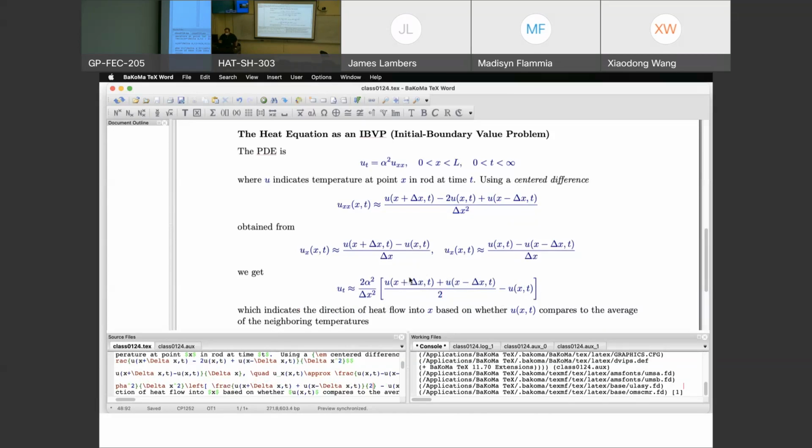So suppose that in this case this average is greater, so concave up, this whole expression is positive. That means that the temperature is going to increase. If u is concave down, the temperature is going to decrease. So the concavity of u indicates the direction of the temperature, increase or decrease. So this is one way of interpreting the heat equation.